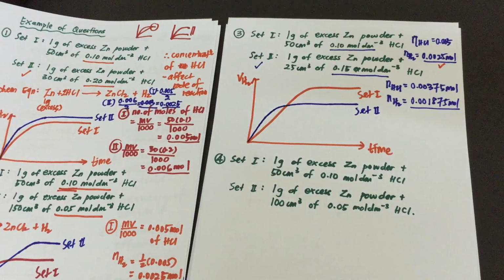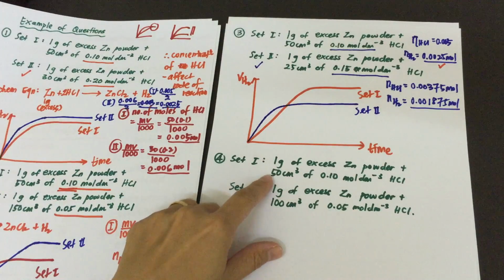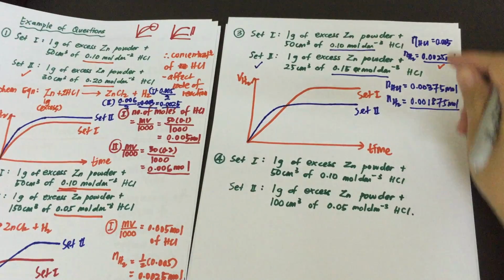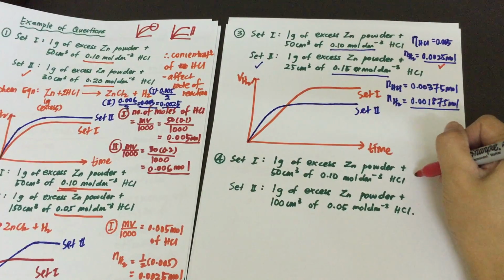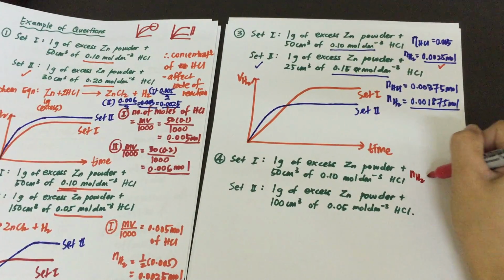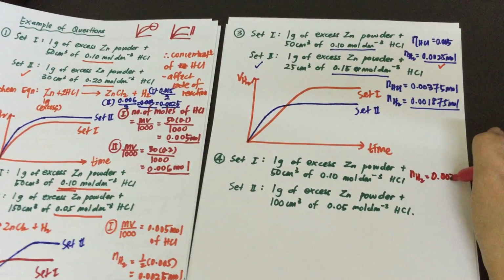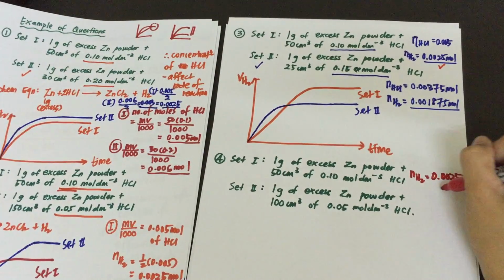So now we go to the last question. Set 1 still contains exactly the same condition as the previous examples. So we will skip everything, and we know the number of moles of hydrogen is 0.0025 mole.